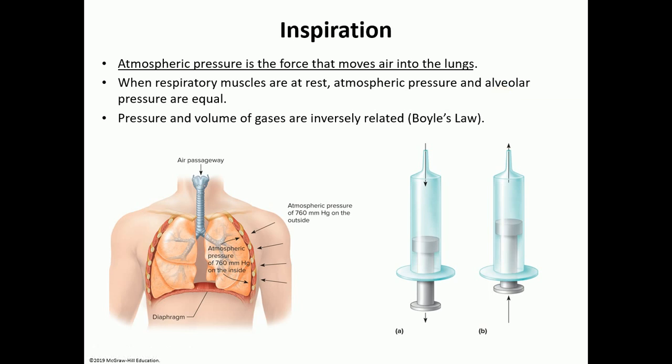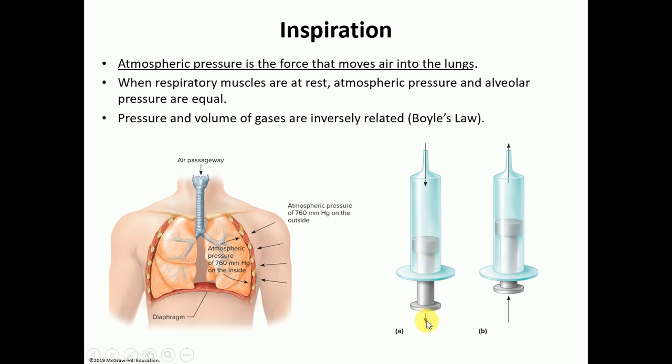In order for air to be inhaled, the pressure on the outside has to be more than the pressure on the inside, and that will push air into the lungs. You want to think of it like a syringe.